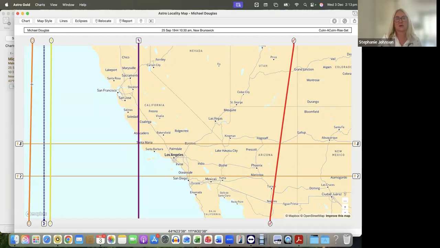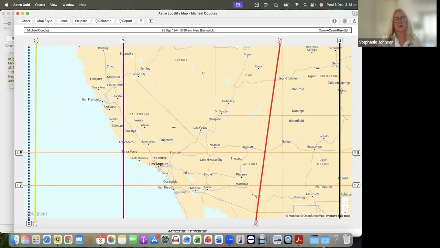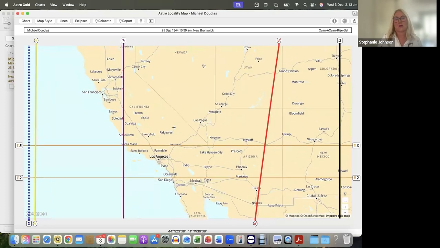I also wanted to show you that his Neptune sun is off the coast, but it can also be brought in as a weak, medium or strong influence on a particular city. You can look at the report, which we'll look at later, and see whether that's a strong, weak or medium influence.